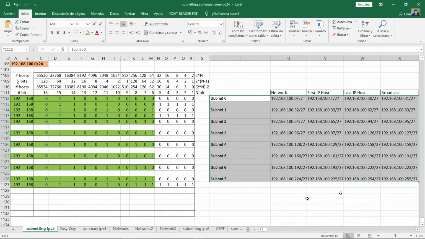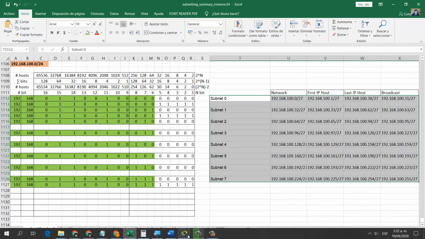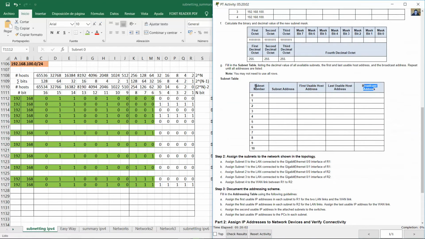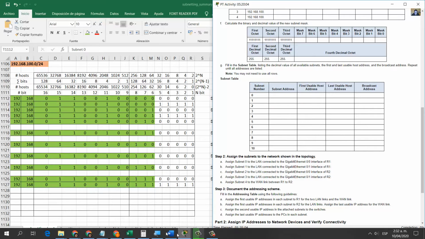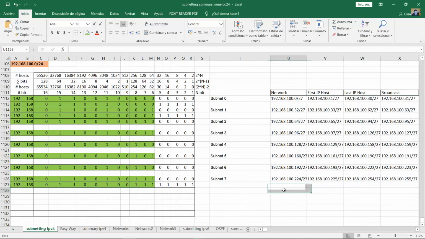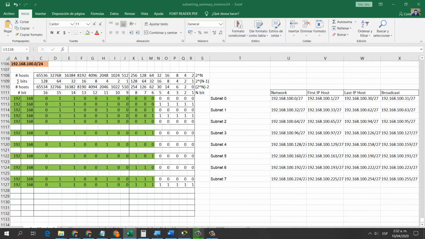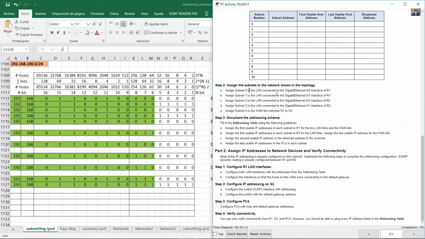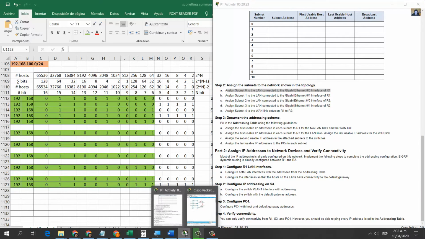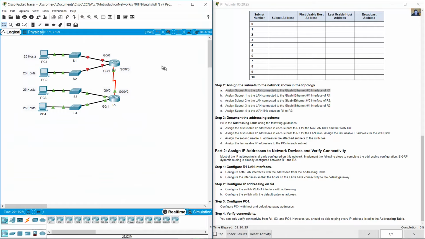And this is the table. This table is this. Assign the subnets to the network shown in the topology. Subnet 0 to LAN connected to gigabit 0/0 on R1. Okay. Subnet 0 to gigabit 0/0 connected on R1.